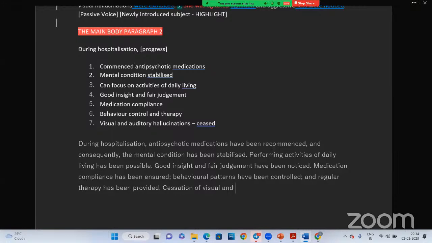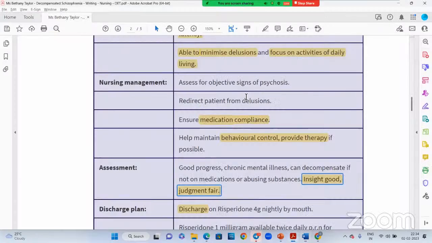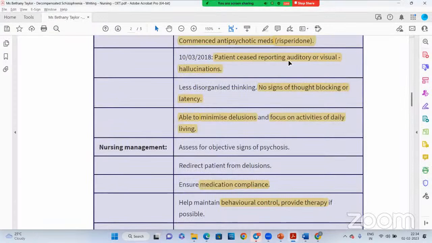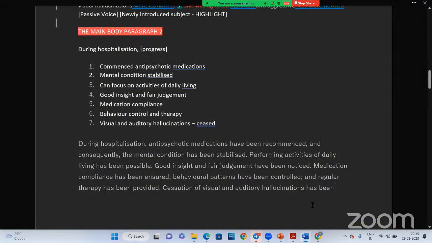Sorry, she reported. The patient ceased reporting, stopped reporting, because she stopped reporting about them. Cessation of visual and auditory hallucinations has been observed.